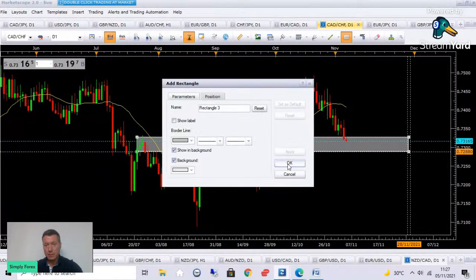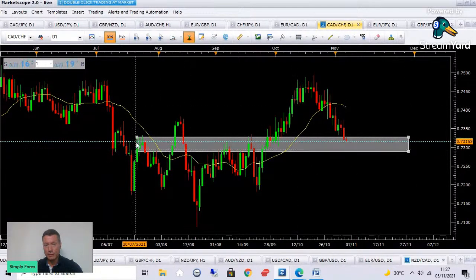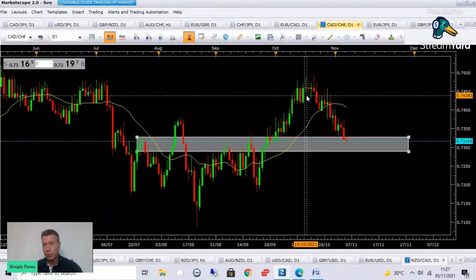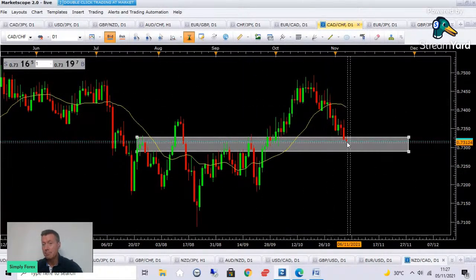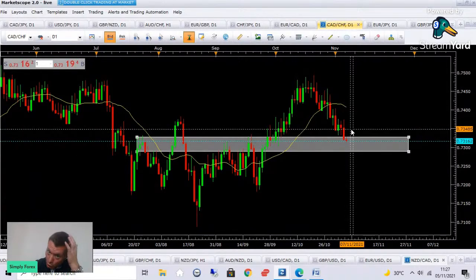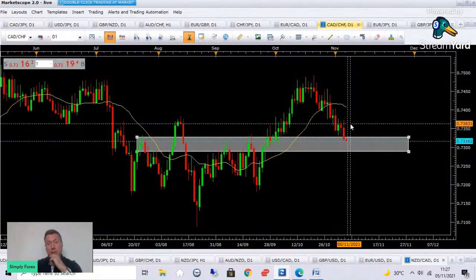It was once resistance, it broke, and now it could become support. So I wouldn't like to short into this zone, guys, and I definitely wouldn't like to long this market. So I will stay out of this pair.